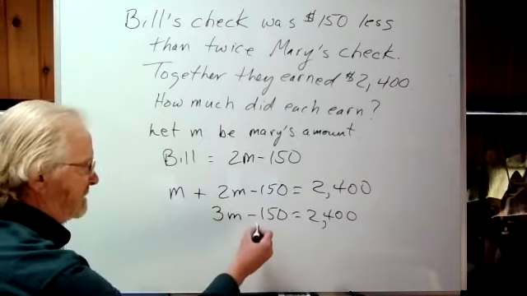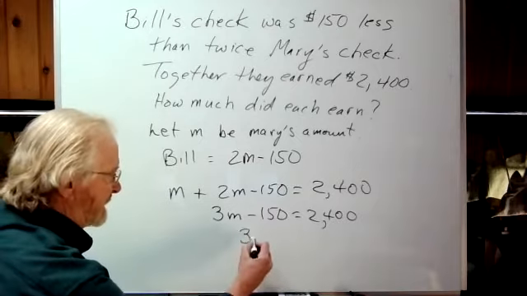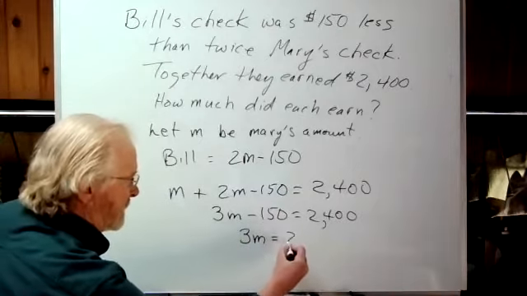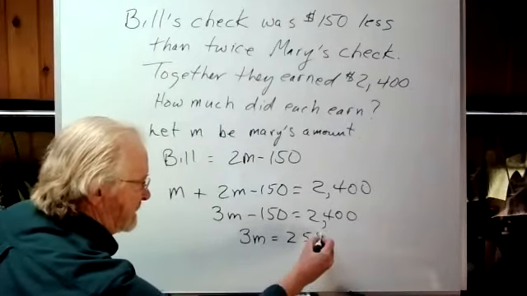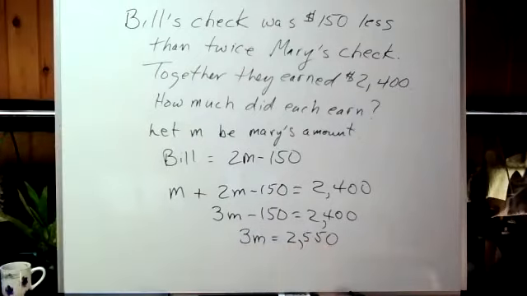If I add the 150, 2550. If I add the 150 to both sides, now you have to divide by 3. I think that comes out easy.